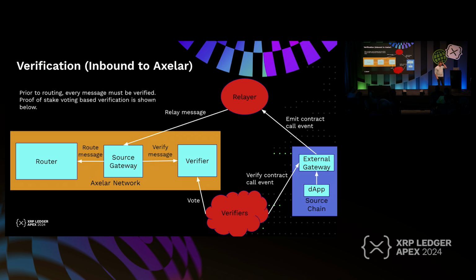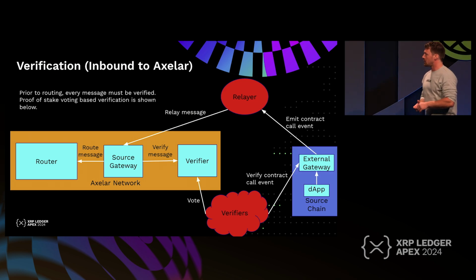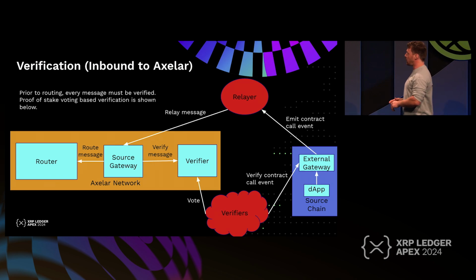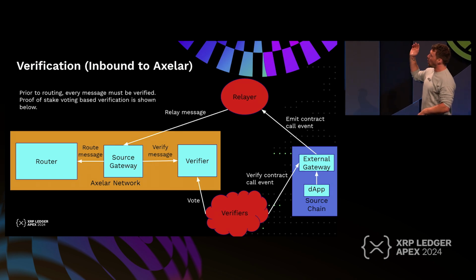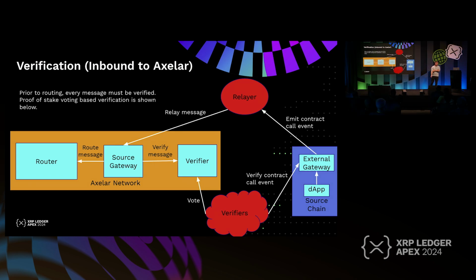How do you prevent spamming of relay messages on the network? A valid message or an invalid message? Invalid messages. That's a good question. So there's a couple things that are done about that. Relayers usually only relay messages that gas is paid for.